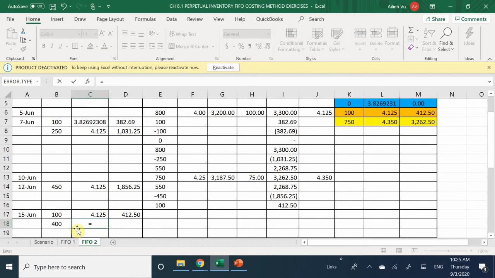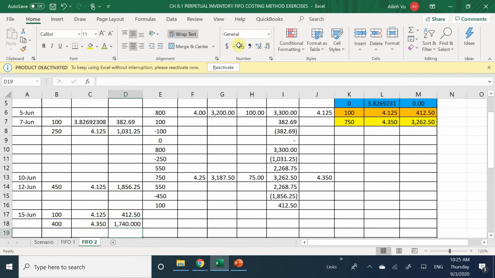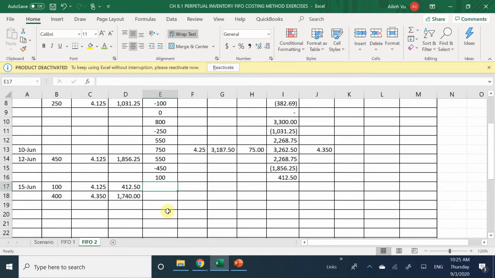What is my cost per item for the yellow batch? 435. Good. And then what is my total cost going to be here? 1740. Oh, I don't know why there are 3 decimals here. Let's shrink it back one. Okay. So here, what are we going to do?